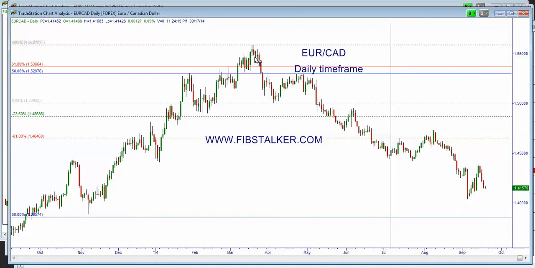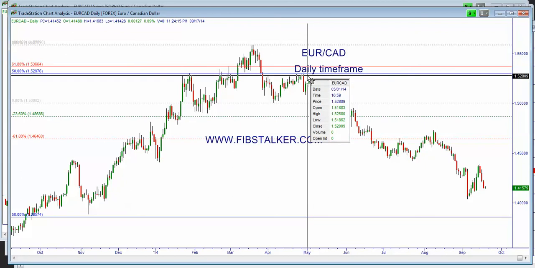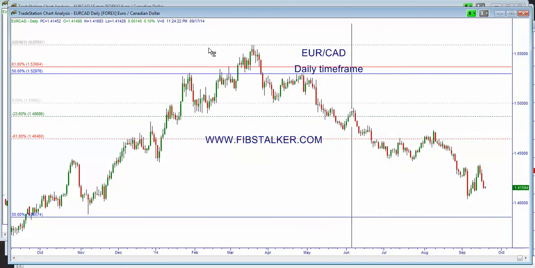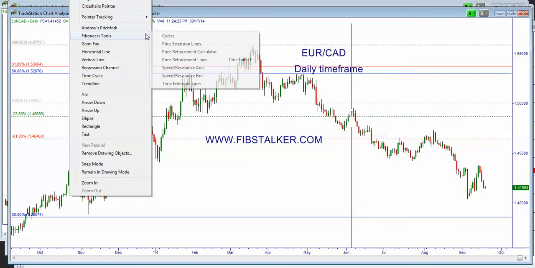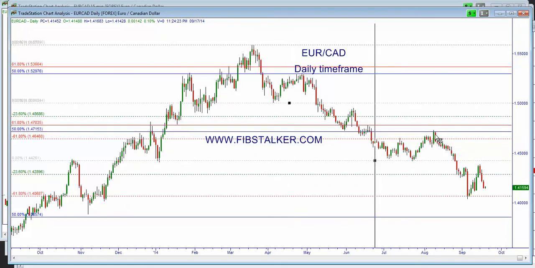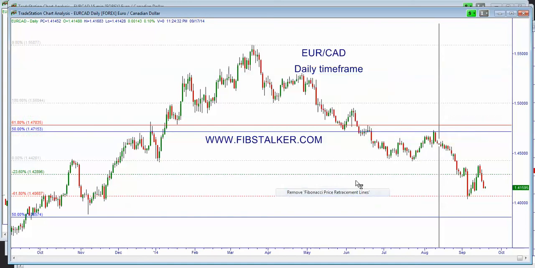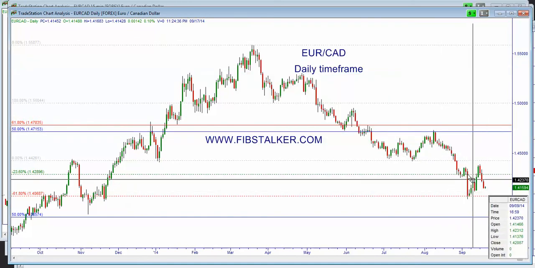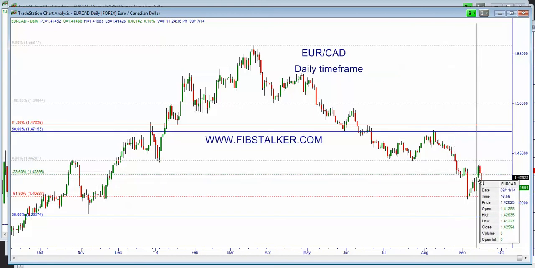But let's look at the sequence of measured move. The first resistance came at 153. Price went into the first and second target, and then after that there was an extension from lows to lows, and price got into that level, and then again using the fib stalking technique you could time a fantastic trade here into first and second target again.